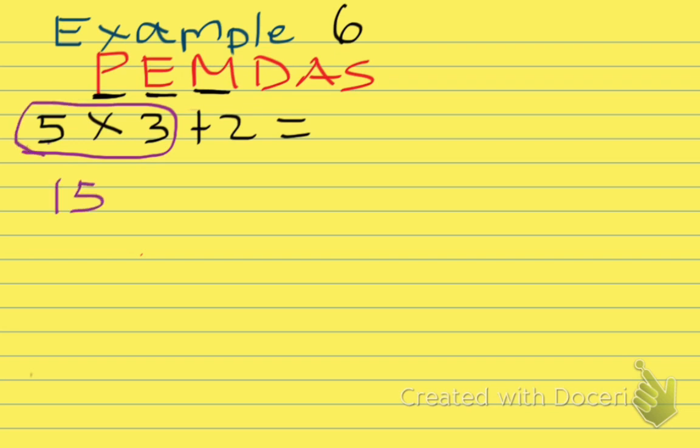No, we don't. So we have multiplication now. So let's solve first. 5 times 3 equals 15. And then we have addition. So 15 plus 2 equals 17. So 5 times 3 plus 2 equals 17, and that is our final answer.